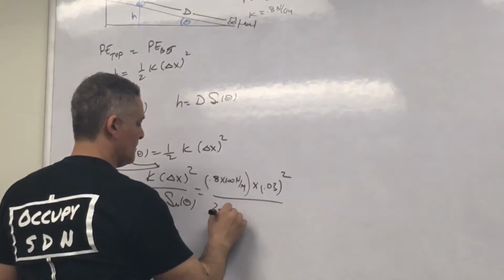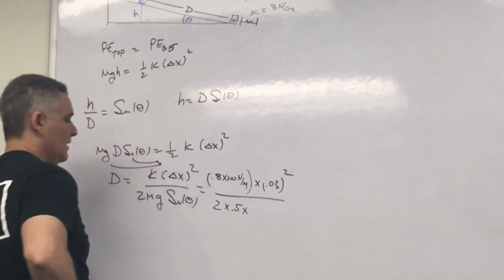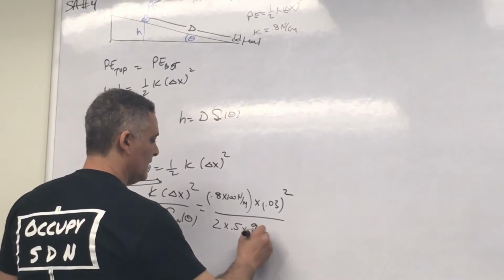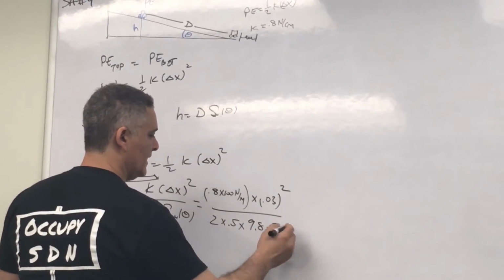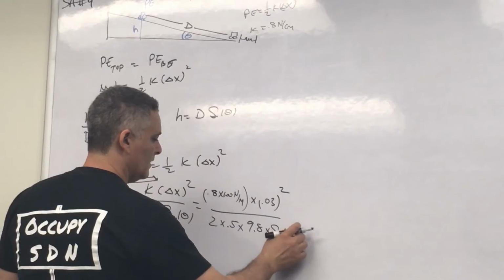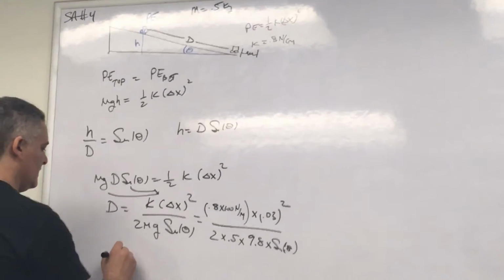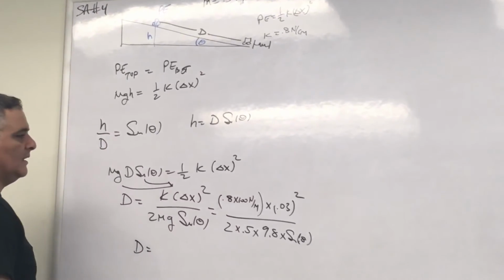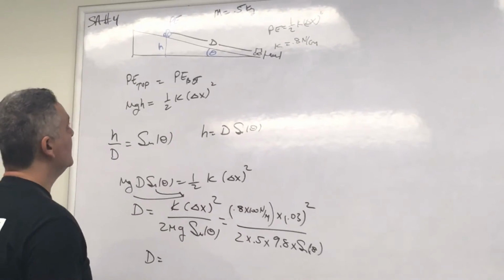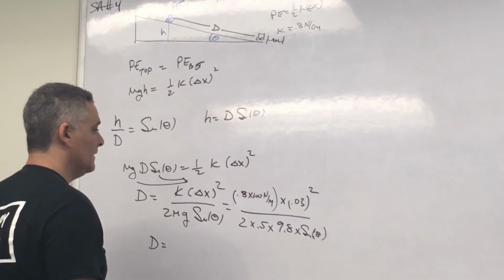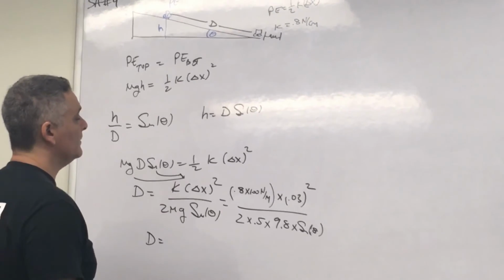So it's times 0.5 kilograms times 9.8 times the sine of 8 degrees. So that distance, what is it? I don't know, 51 centimeters? 53 centimeters? No.